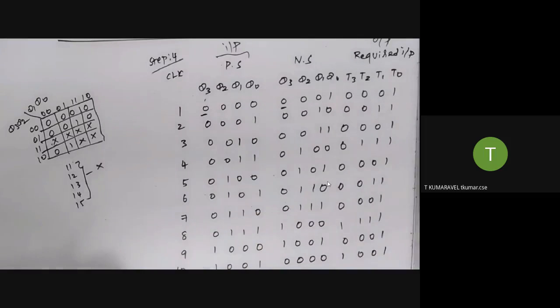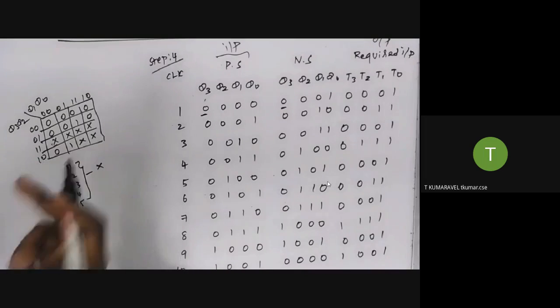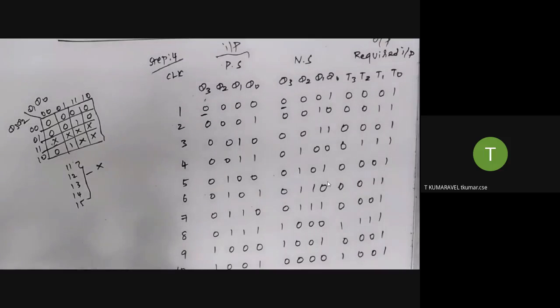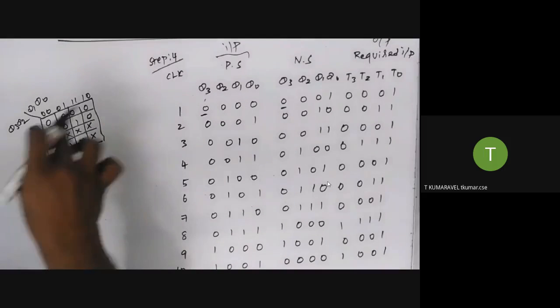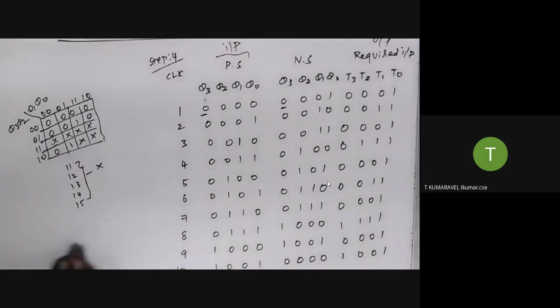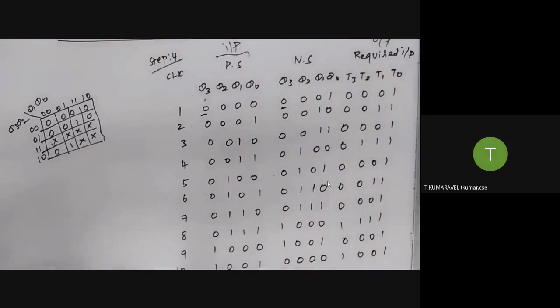You don't have values for 11, 12, 13, 14, and 15. Suppose you don't have a value, that place you treat as a don't care condition. So that's why I filled the rest of the places with don't care. Is it okay for you? Yes, sir.